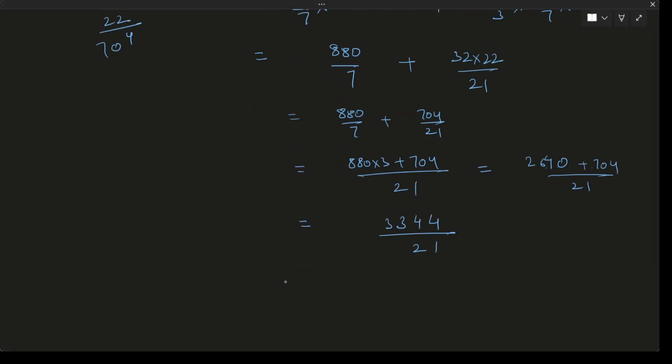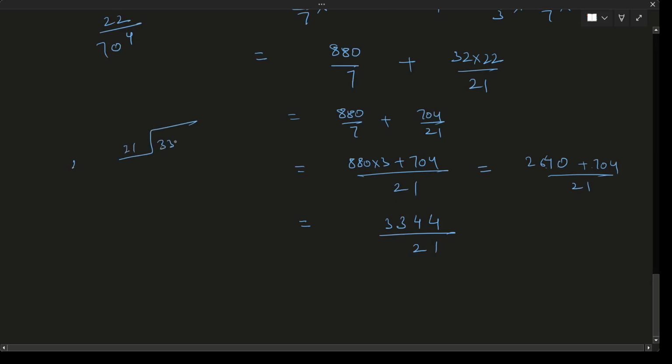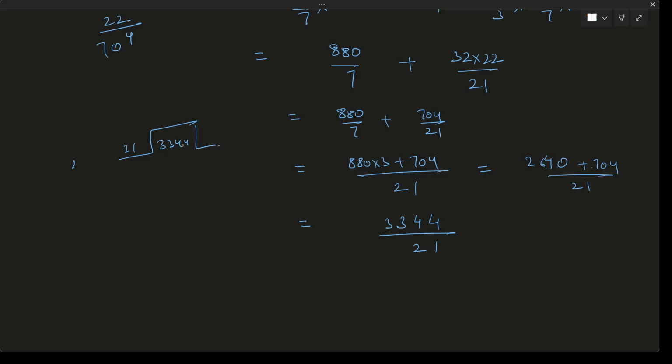So when I divide it, you can check by dividing also what you will get. Let's just divide it over here.